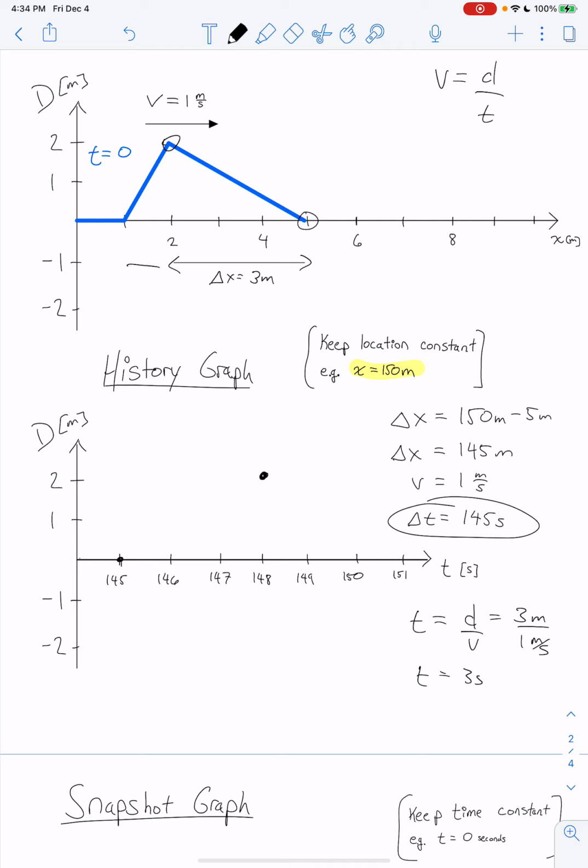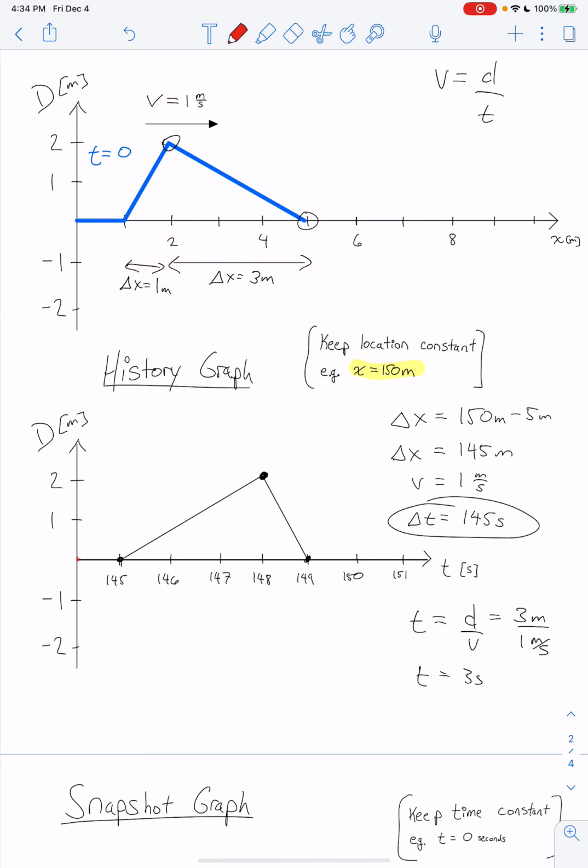Then the wave needs only 1 additional meter to go back down to 0, and that takes 1 second. And there we go. Here's our history graph for x is equal to 150.